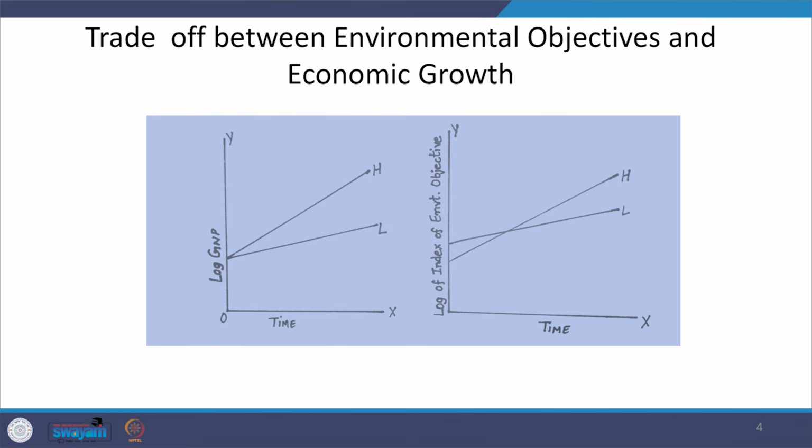followed by any economy, or a high growth path. So, now after looking at the first graph showing the growth paths, high and low, along with time, if you use these two growth paths and take on the vertical axis log of index of environmental objectives and time is taken as it is, then you will find that initially, up to a certain time period, the low growth path would be generating less pollution in the economy.